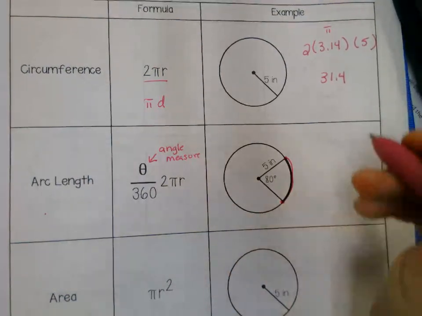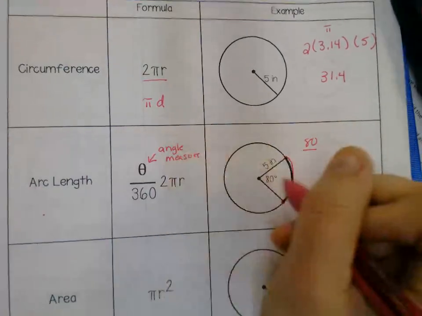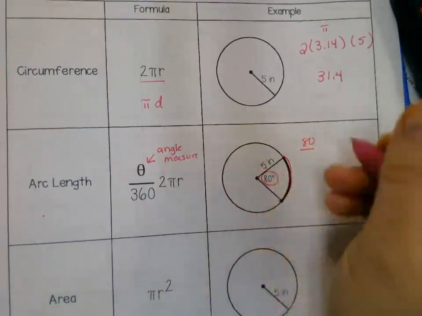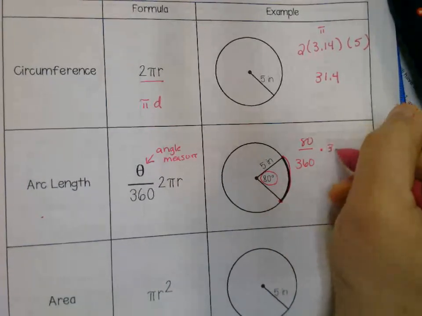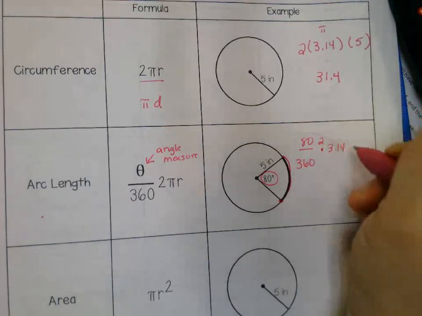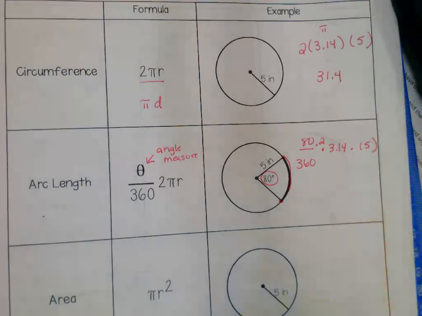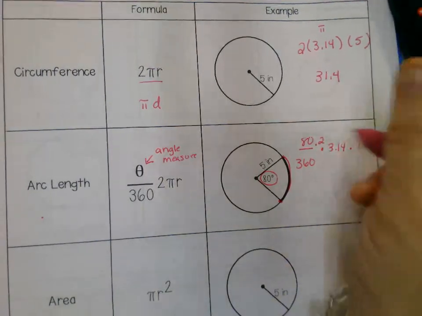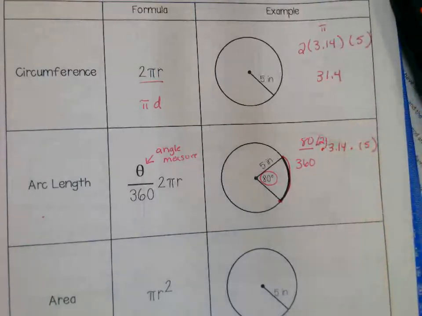So let's look at what that looks like on the problem here. This would be 80, because that's my angle measure right here, over 360 times pi. Oh, I forgot my 2. Times 2 times pi times my radius, which is 5. So 80 over 360 times 2 times 3.14 times 5.